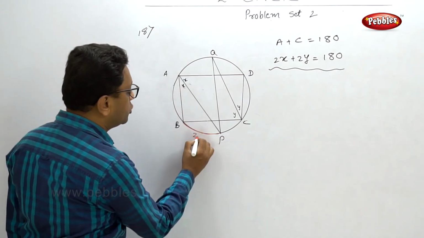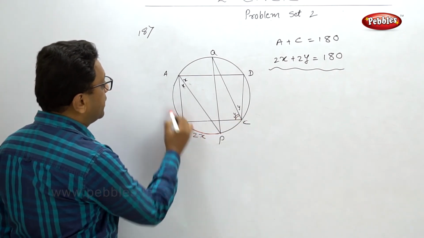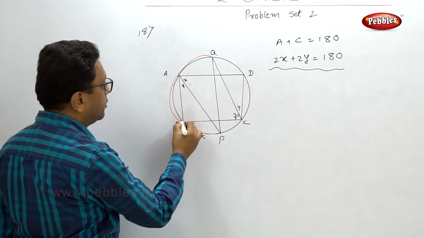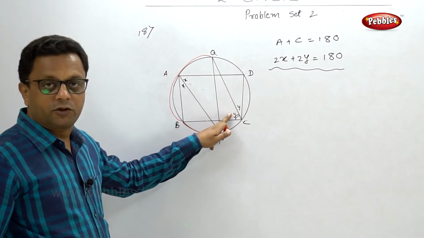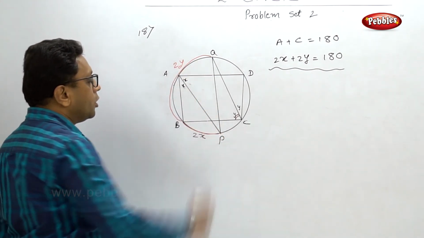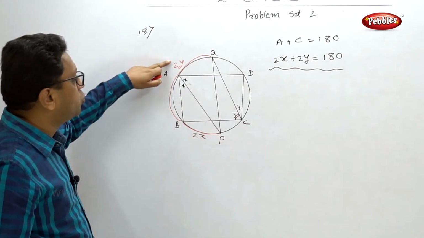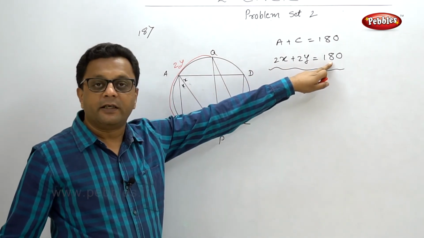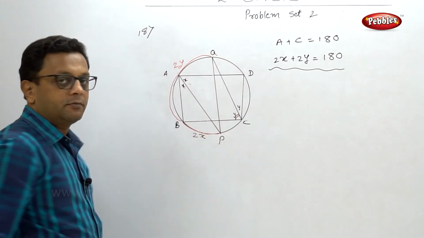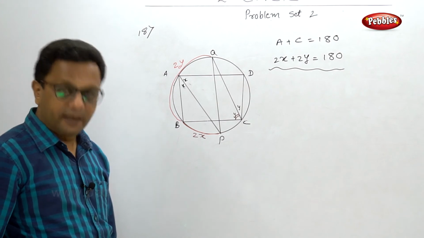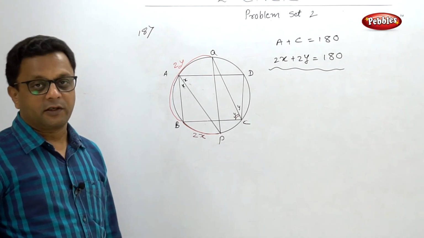It is double of this, that is 2x. And this y is an angle inscribed in this arc. So what will be the measure of this arc BAQ? It is double of this, 2y. So for QP, 2x plus 2y equals 180 degrees. That means this arc QABP is 180 degrees. That is, this is a semicircle, and hence QP is the diameter of this circle.